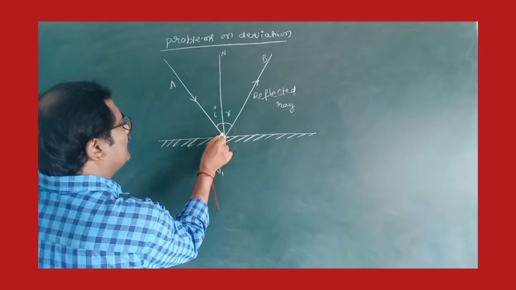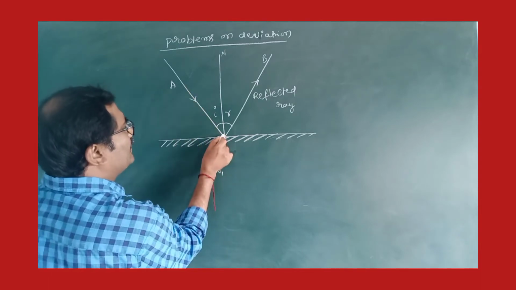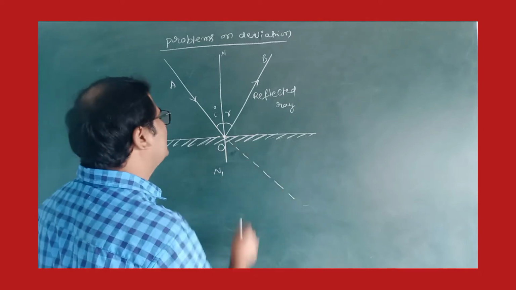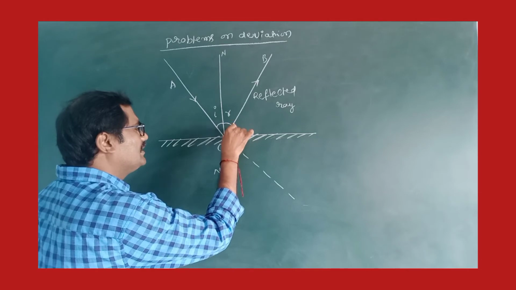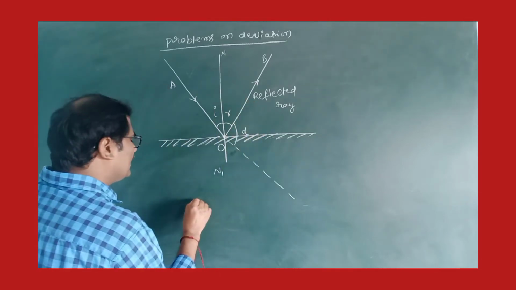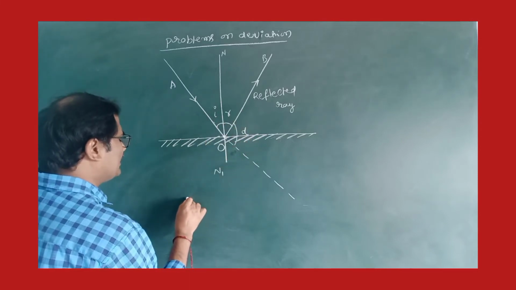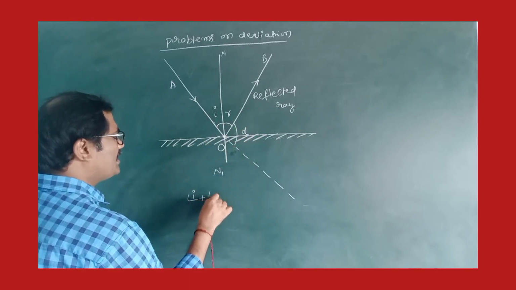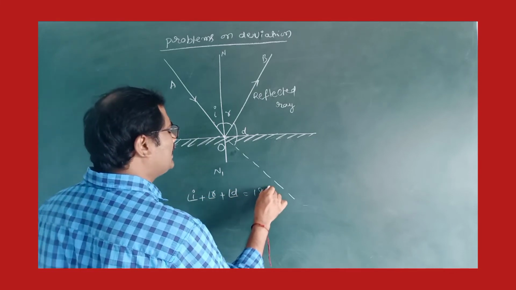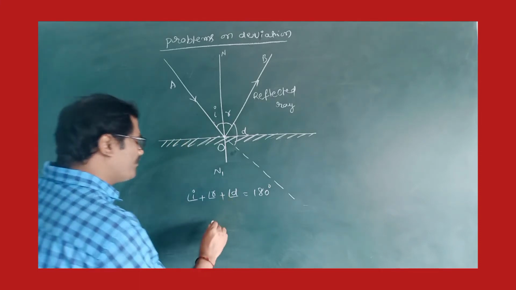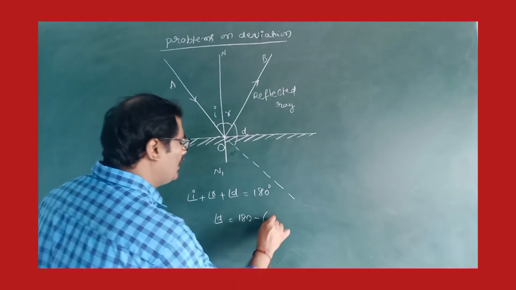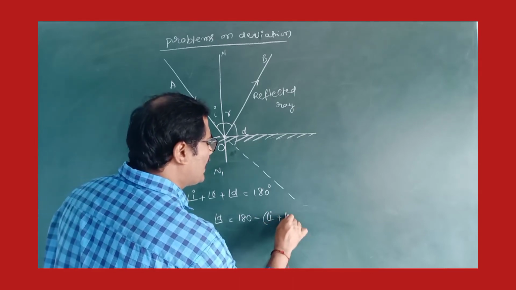The light ray can travel in a straight line, but the deviation is angle D. The sum of the angles, angle I plus angle R plus angle D, equals 180 degrees. That means angle D is equal to 180 minus (angle I plus angle R).